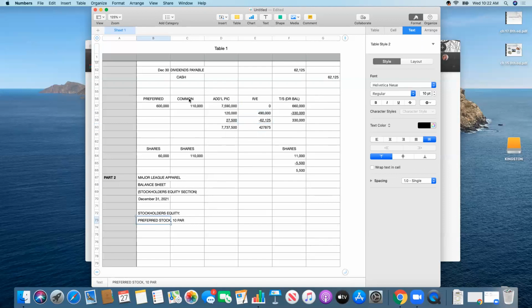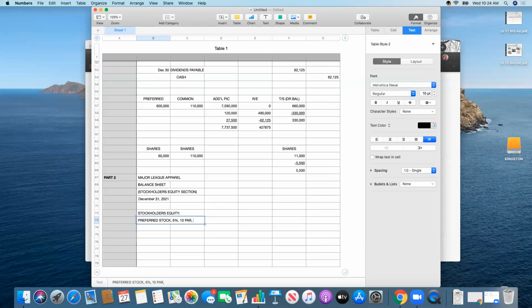Now, should we do this the absolute right way? I'm going to do it the absolute right way, even though they're probably not going to ask you for it. So preferred stock, it's 6%. It's $10 par. It doesn't tell us how many shares were authorized, but if we knew it, we would put it in.